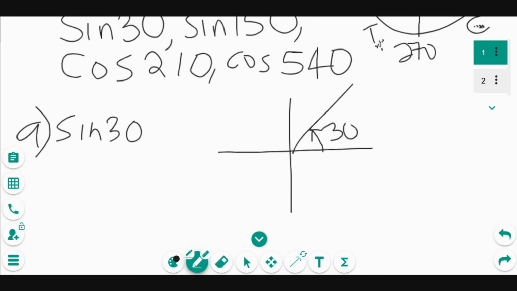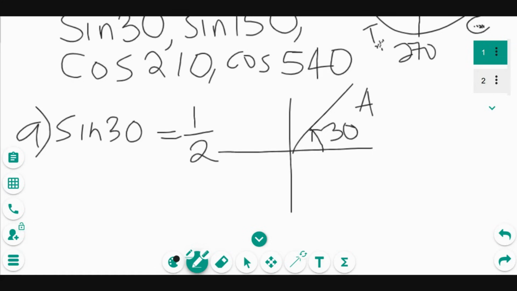So there I have represented sine of 30. I have represented the angle 30. And if I want to get its value, sine of 30, I know it is a half, and it is positive, because it is in the first quadrant where all are positive.